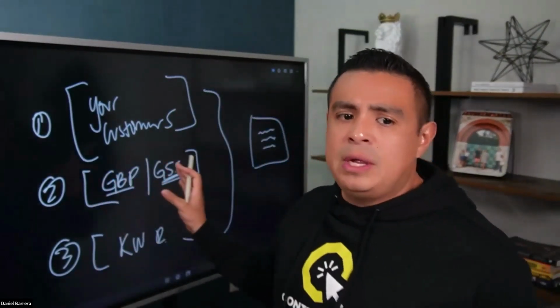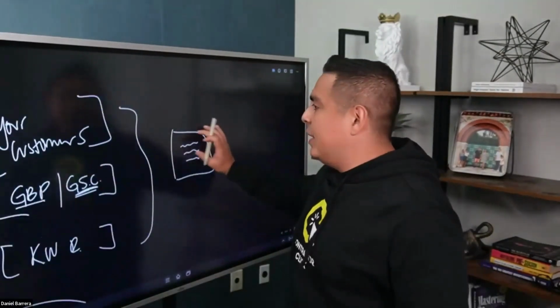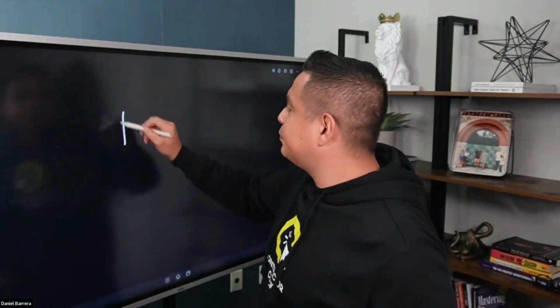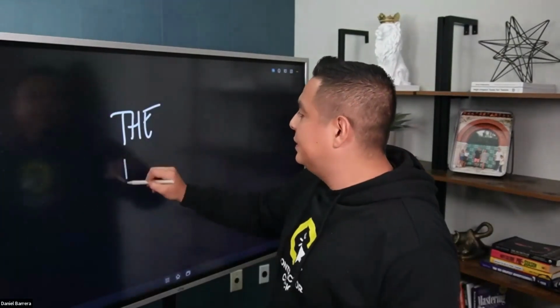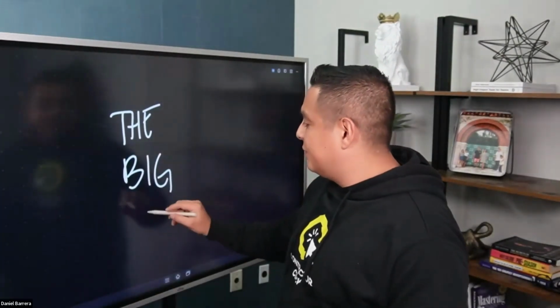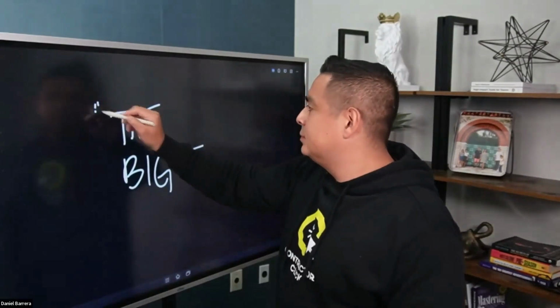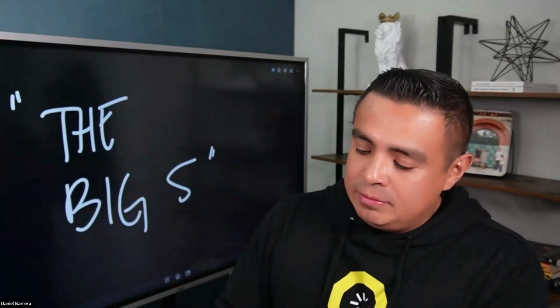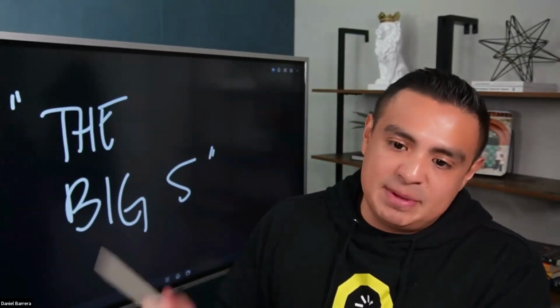And then I want you to think about, and Andrew, if you could do me a favor, type in the big 5. I want you to do the big 5 as far as content creation. And the big 5 comes from the book, They Ask, You Answer. That means, what are people looking for when they're going through their buying decision on a business?